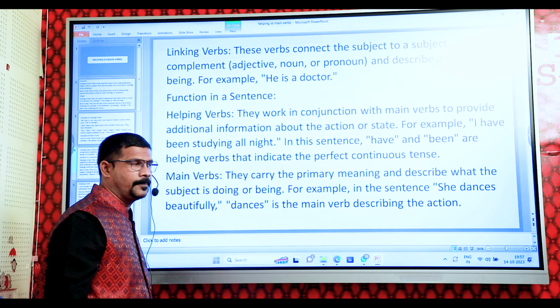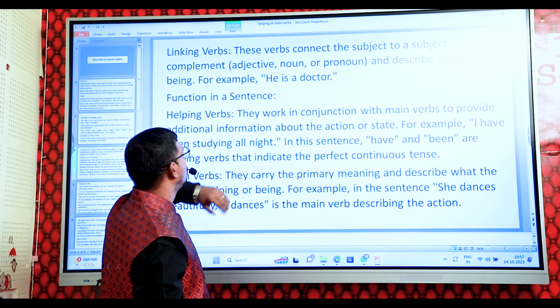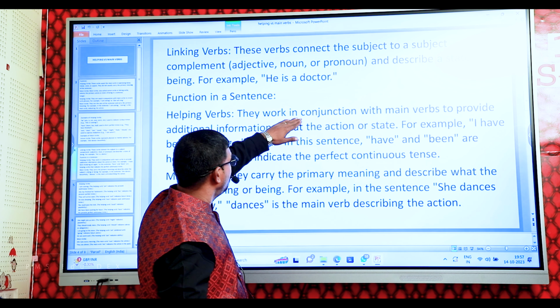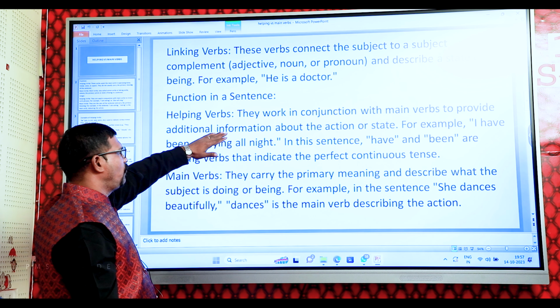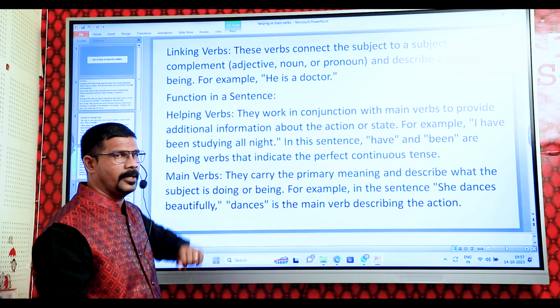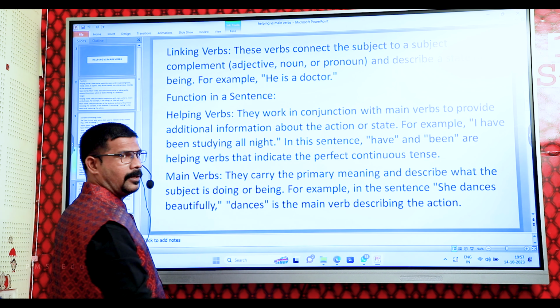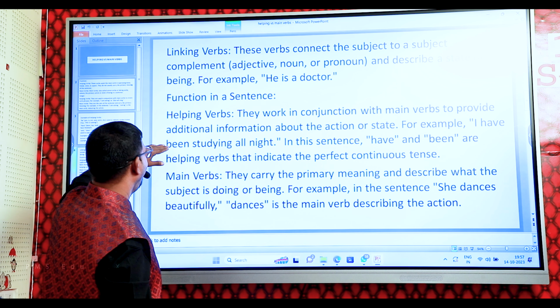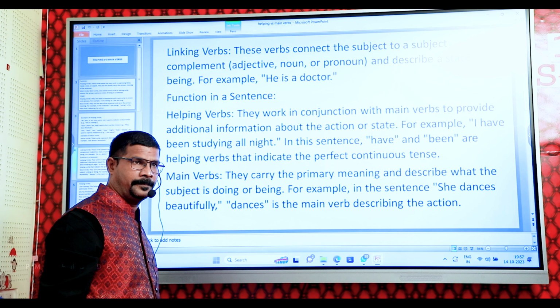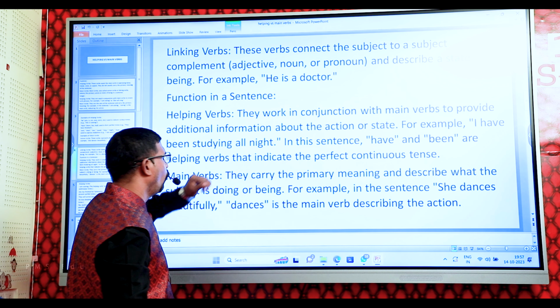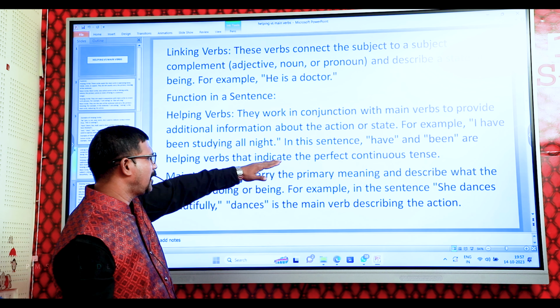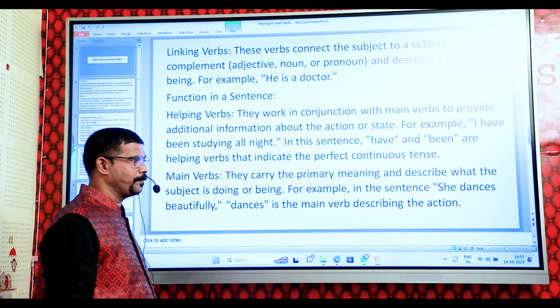Function in a sentence. Helping verbs work in conjunction with the main verbs to provide additional information about the action or state. For example, I have been studying all night. In this sentence, have and been are helping verbs that indicate the perfect continuous tense.